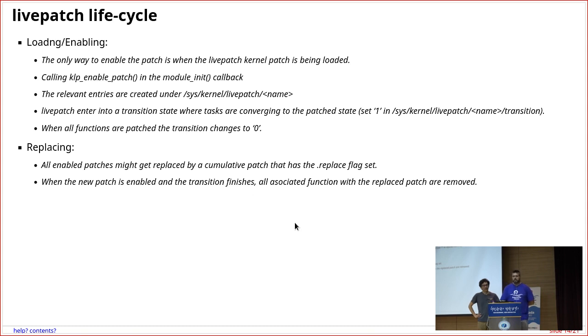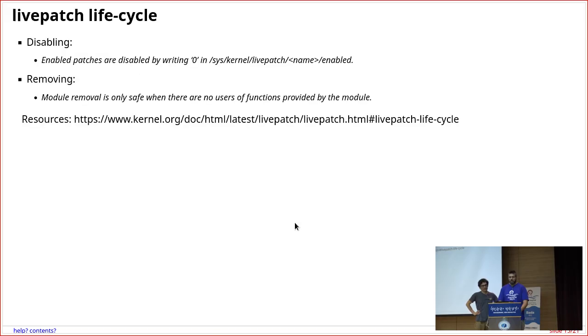In the other state, replacing, all patches can be replaced if they have the replace flag set. When the new patch is enabled and the transition finishes, all replaced functions are removed. Then we have two more states, disabling and removing.